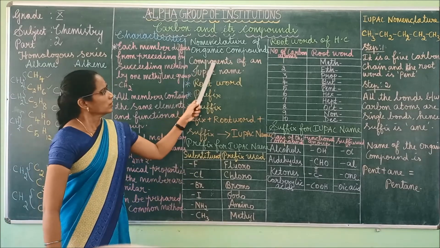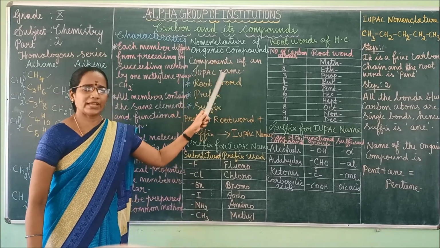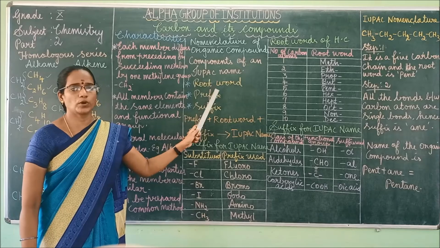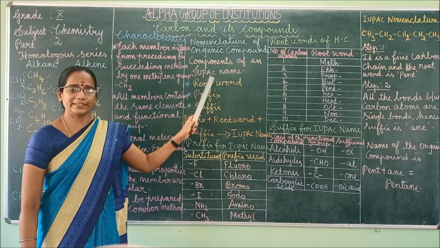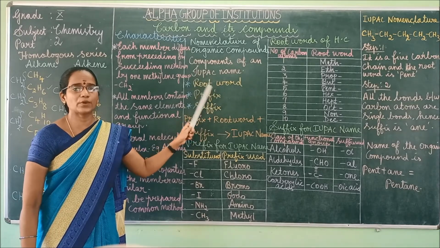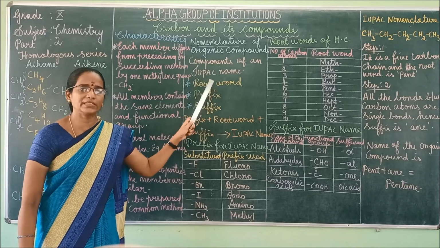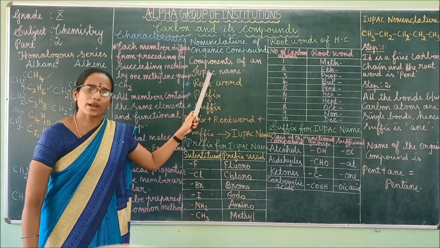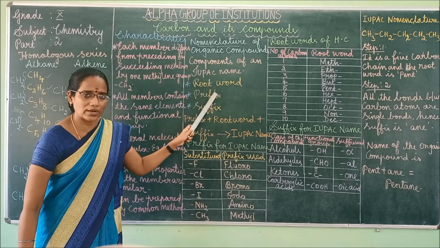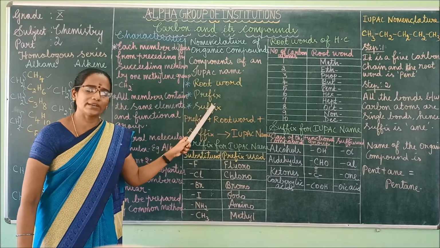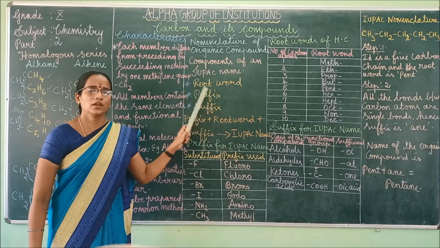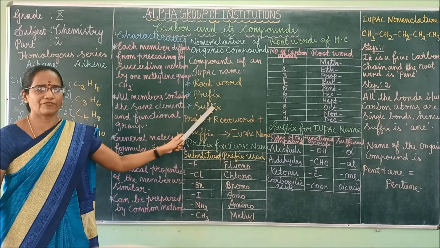So what are the components of an IUPAC name? It is divided into three parts, and these three parts are very important for naming the organic compound. One is the root word, second is the prefix, and third is the suffix.